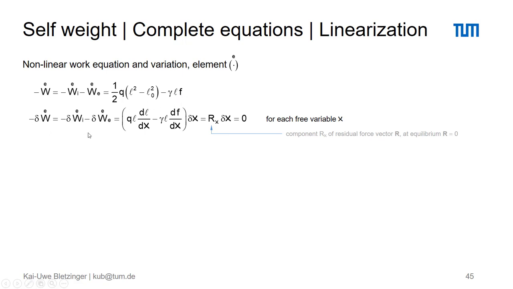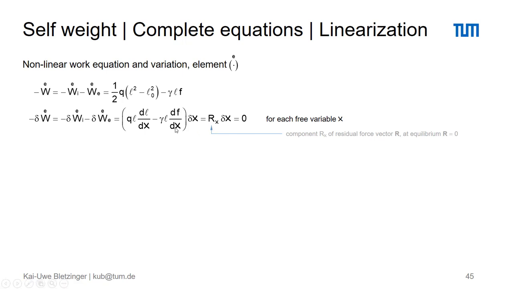Again, taking variation, and in particular the special kind of variation for the weight term, we can do that for each free variable in the element, where we have the 6 coordinates for the first node and for the second node. And we can collect these, last not least, in what we call the residual force vector.